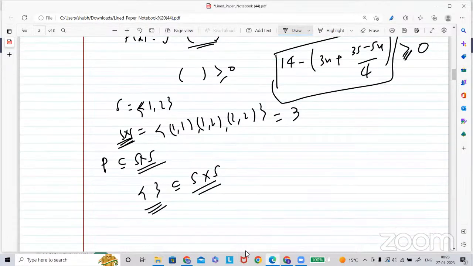Again, this Cartesian product is a set, and you know that the empty set is a subset of any set. That's why the empty set comes in.